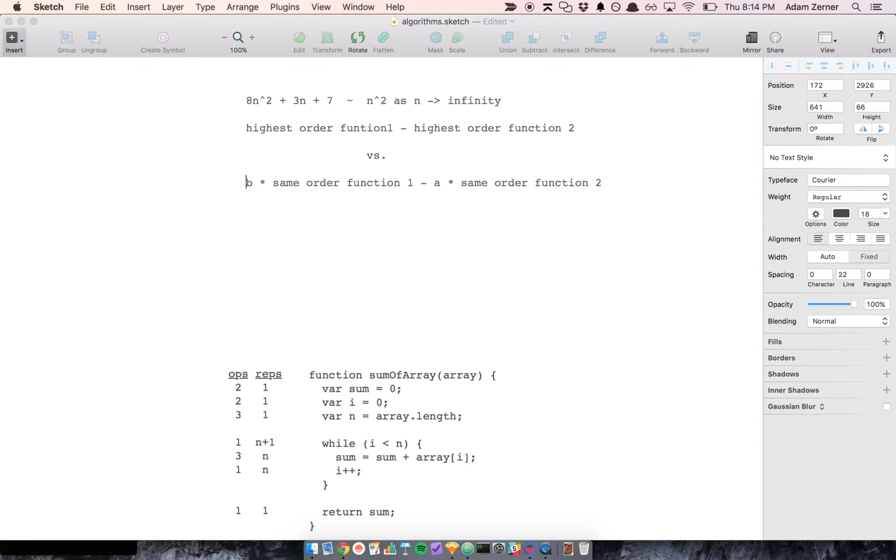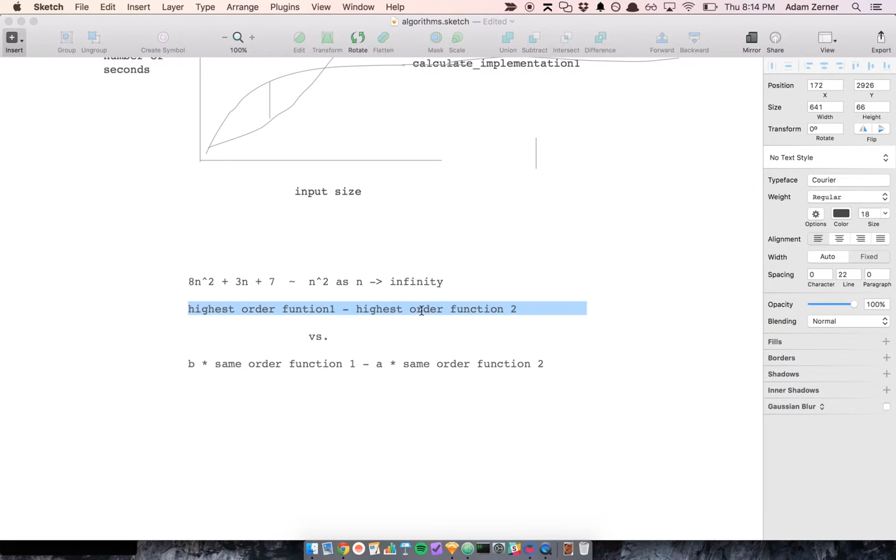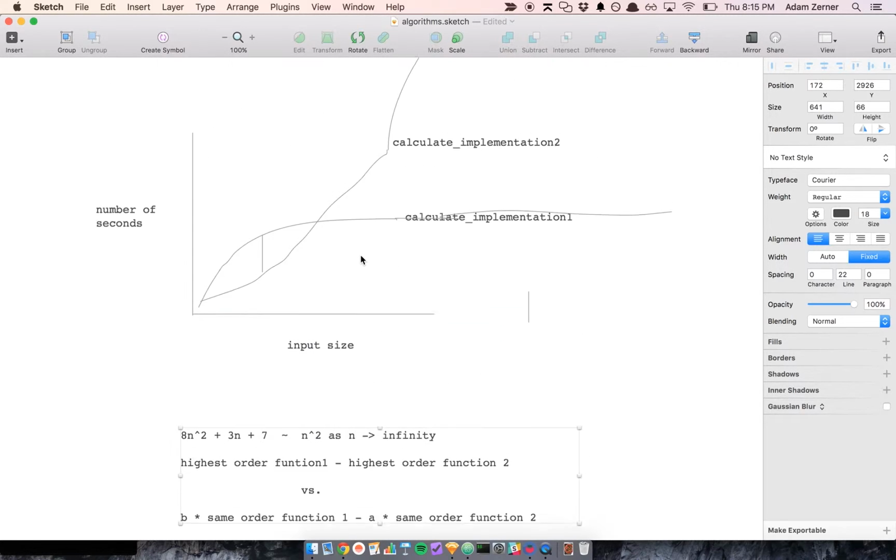So being that we care about how things perform as the input gets to be really large, we only care about the most important things. And we do an asymptotic analysis where we approximate what the function looks like.